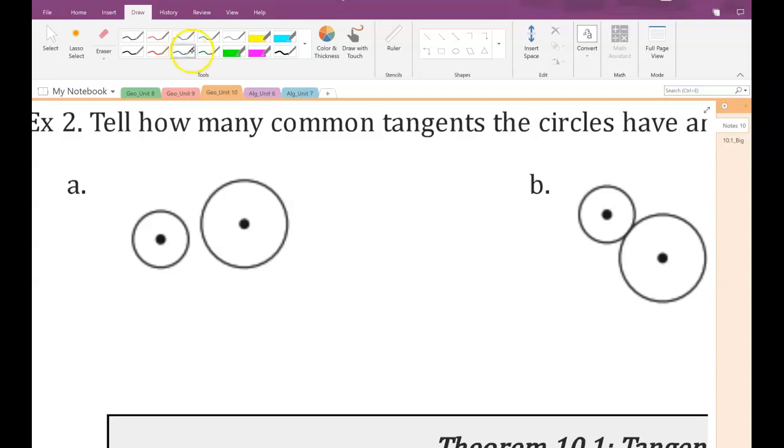So for A, one of my common tangents could touch right here and touch on the top of this one. This would be one common tangent because it's a tangent of each of those circles. We can have another common tangent at the bottom of our circle, where it intersects right there and right there.